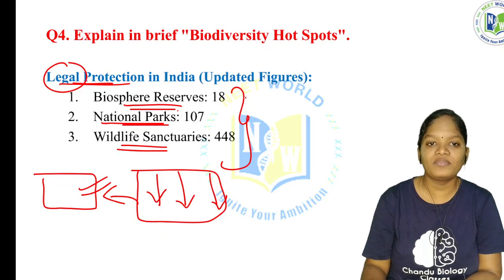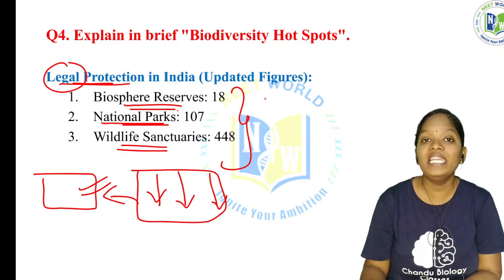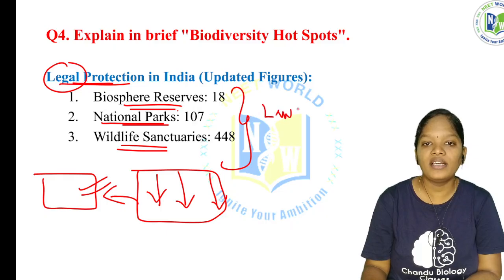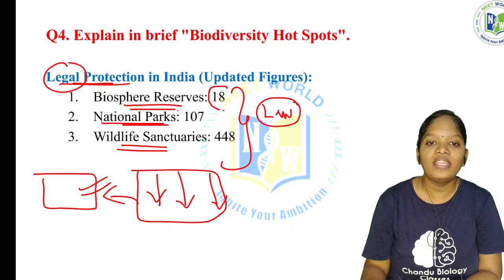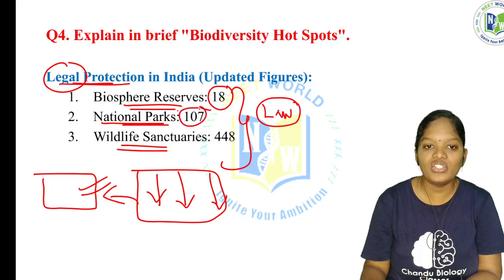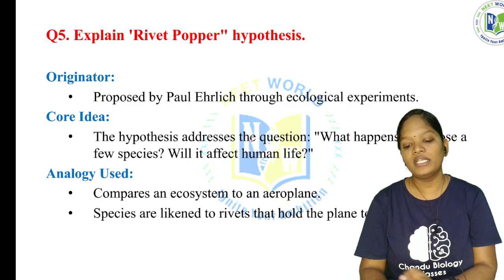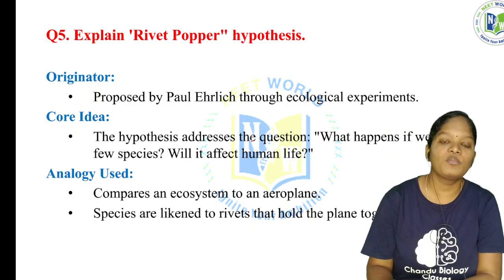That is why in India they give legal protection. If there is a law, no one will act against the law. In India we have 18 biosphere reserves, 107 national parks and 448 wildlife sanctuaries. So that is about biodiversity hotspots.